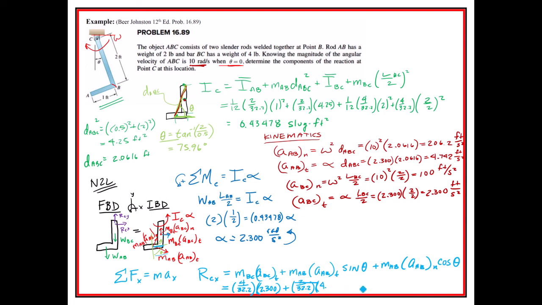And taking the sine of our 75.96. And then last part, we're going to get 2 divided by 32.2 times ABN, which is our 206.2, and then the cosine of 75.96.